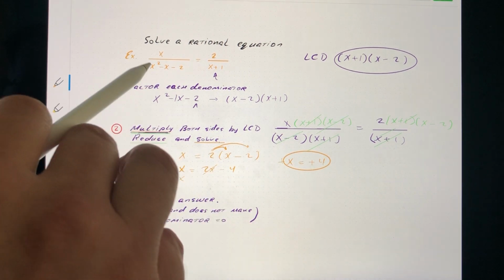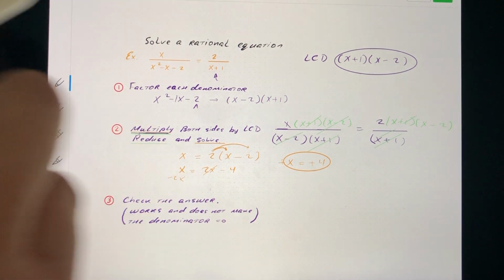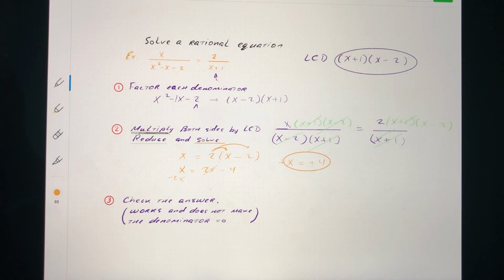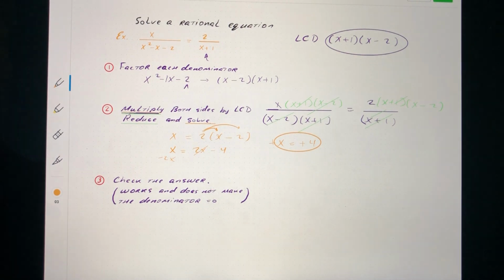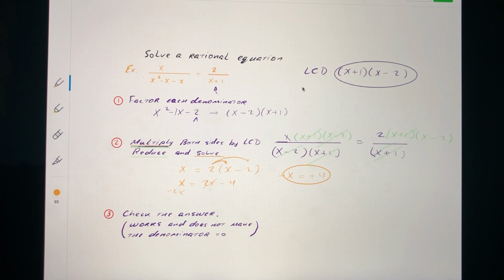Now let's check if it actually makes the two sides equal to each other. We plug in 4 for the left side and the right side. Is 4 divided by (4 squared minus 4 minus 2) equal to 2 divided by (4 plus 1)? The left side is 4 divided by 16 minus 4 minus 2, which equals 4 divided by 10.